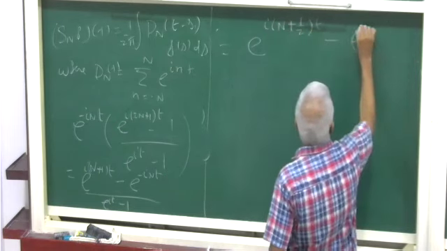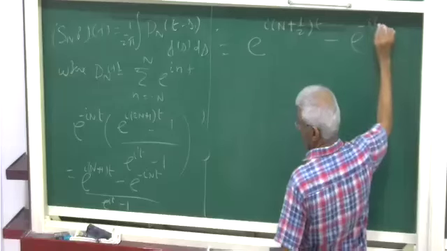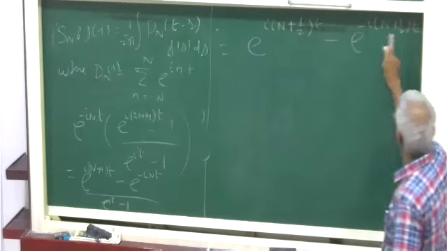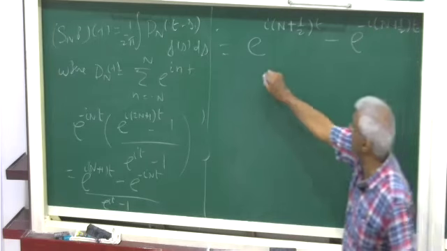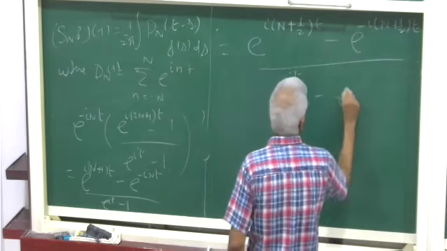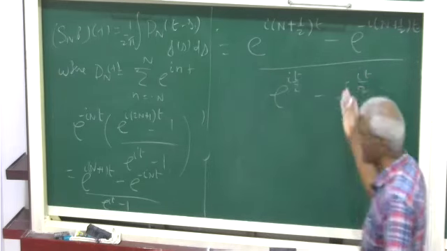E power minus i t, e power i t by 2 minus e power minus i t by 2. Same thing.